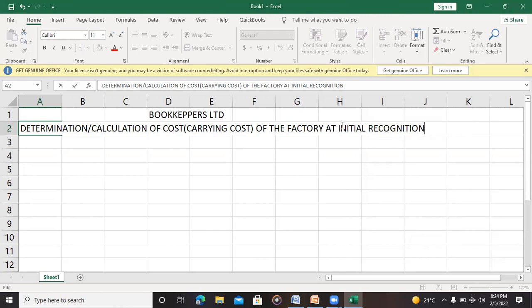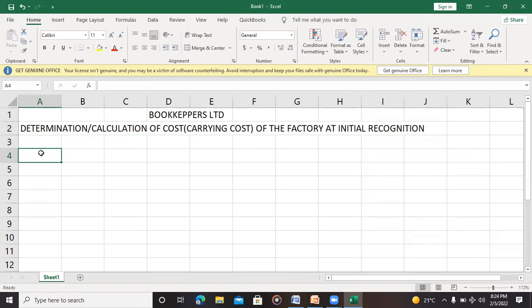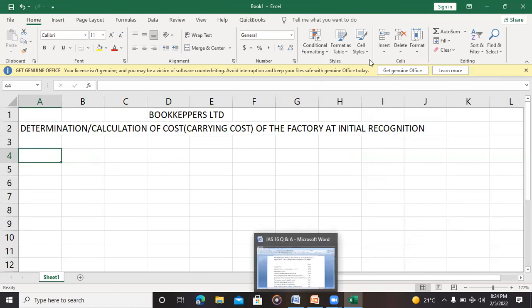And subsequent recognition could be how much should be recognized as the value of the asset, maybe after a period of time, maybe after 5 years, 2 years, 10 years. So here we're looking at the first recognition. That's the initial price we are going to record in our books. So please, what could be included as the components of cost? I'm going to go back to the question.